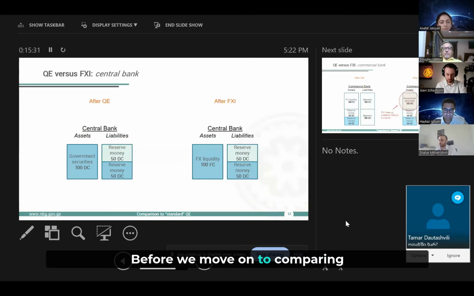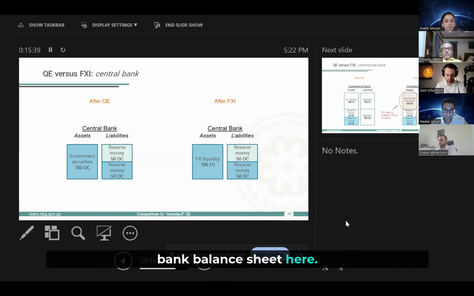Before we move on to comparing the commercial bank balance sheet after QE versus after FX intervention, let's have a look at the central bank balance sheet. Here, we concentrate on the liability side, because that's the part of the central bank balance sheet that matters in terms of liquidity conditions in the economy, because the liability side shows reserve money, reserve balances, sometimes called lari supply from the central bank.